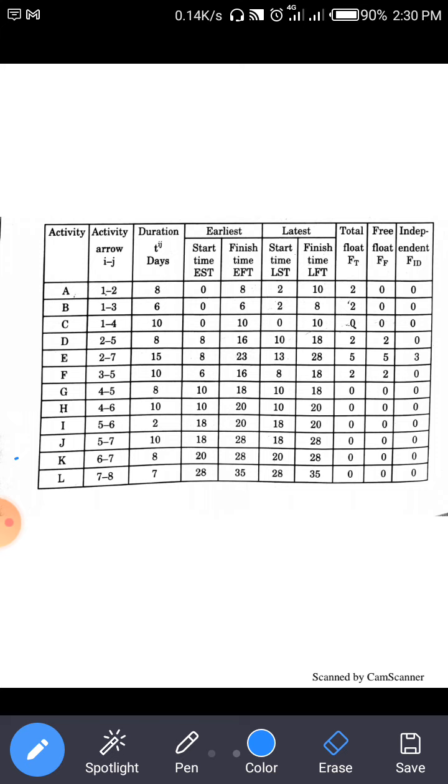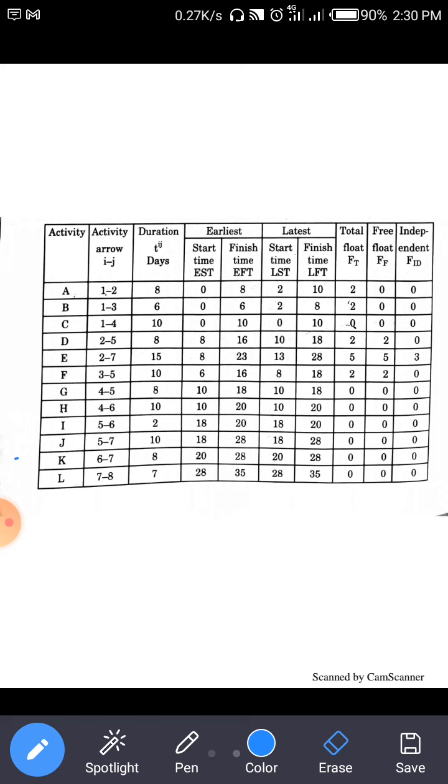Now another is independent float. Independent float is free float minus tail event slack. So that is the equation for independent float. So free float minus tail event slack.